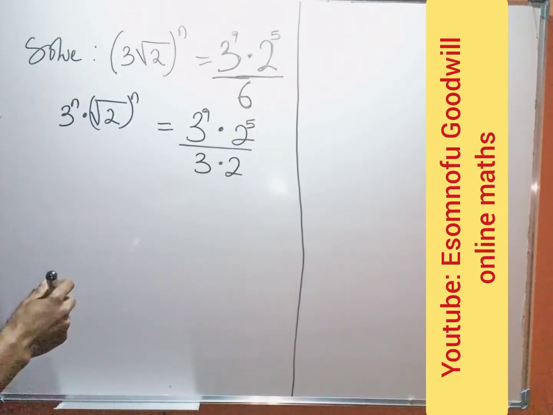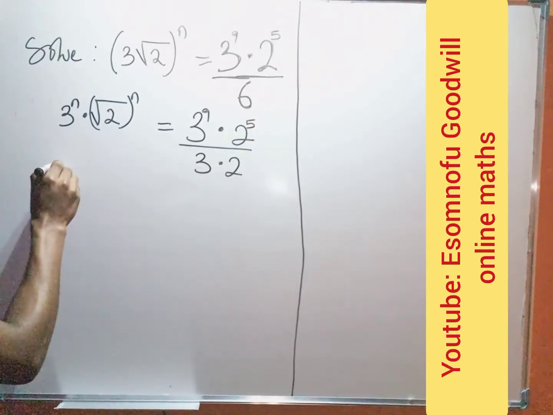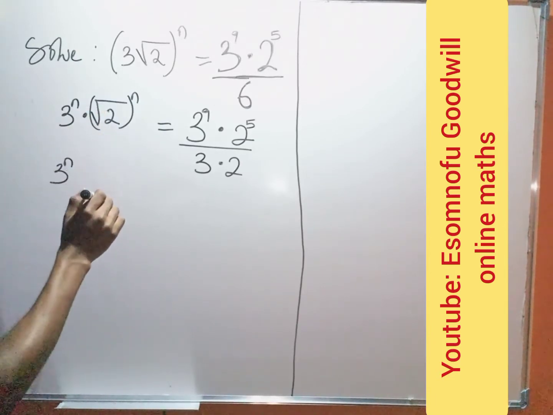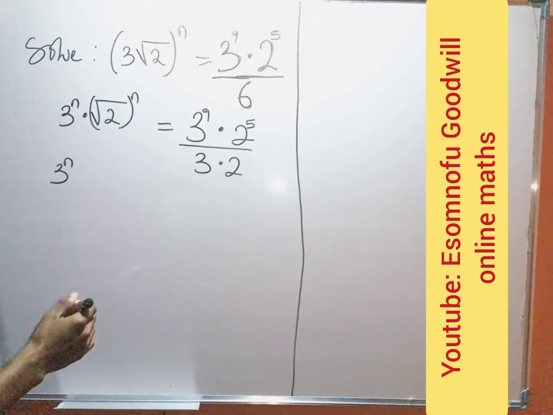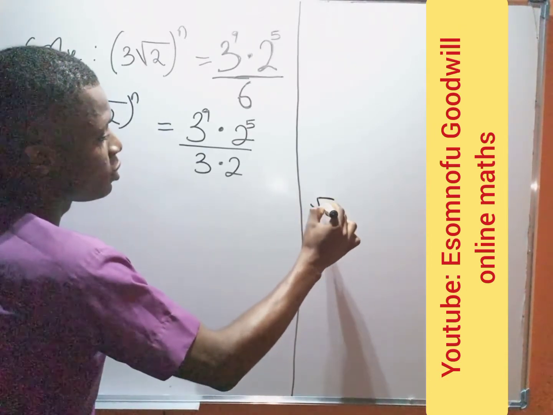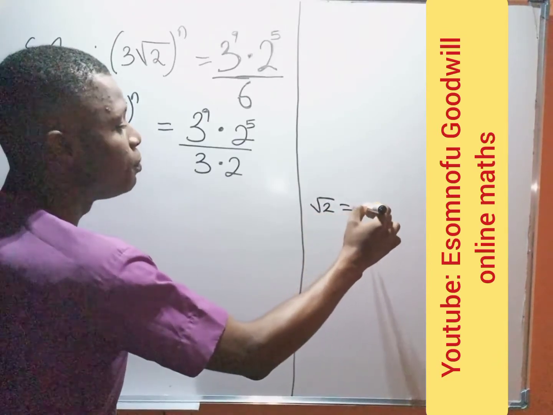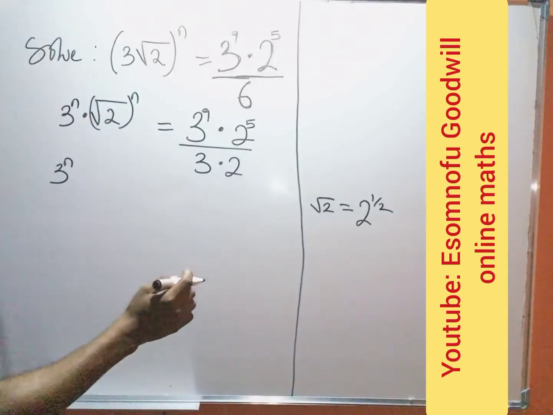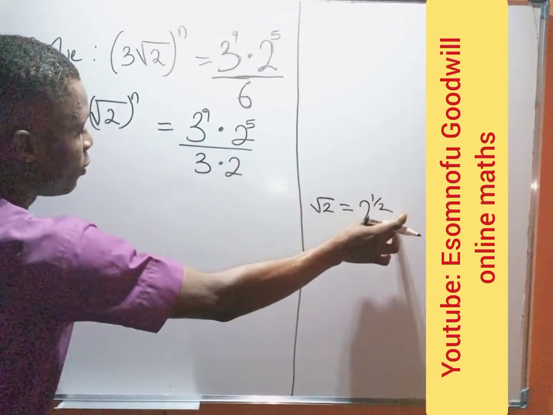So I can say 3 raised to the power of n. A square root is just raising a number to the power of half. So root 2 is also equal to 2 raised to the power of half, and I can replace root 2 with 2^(1/2).